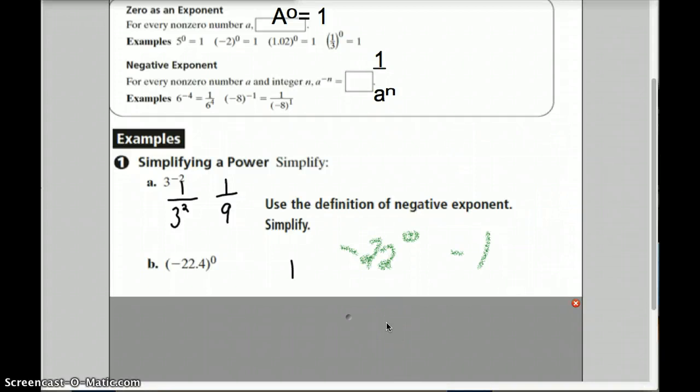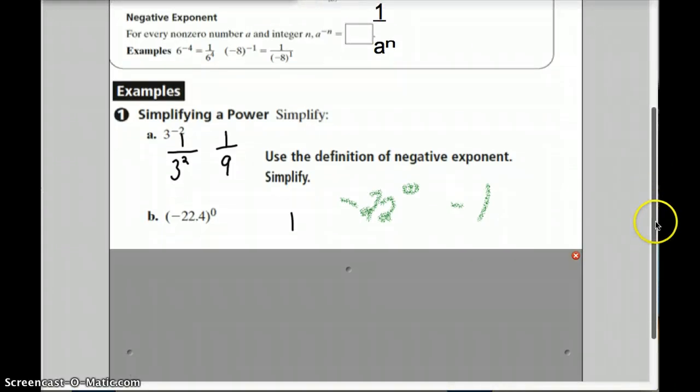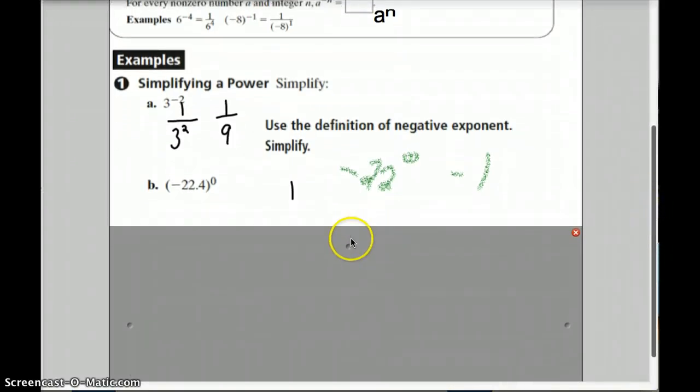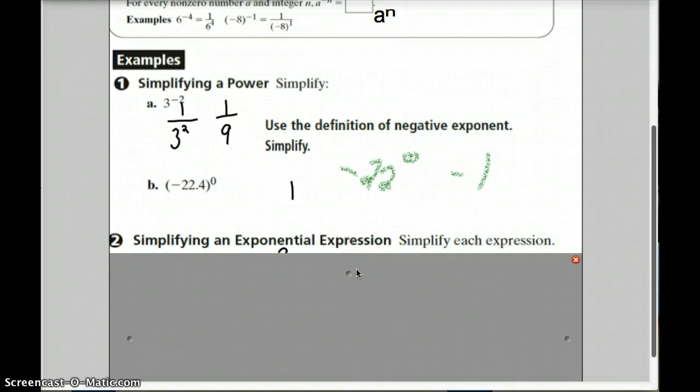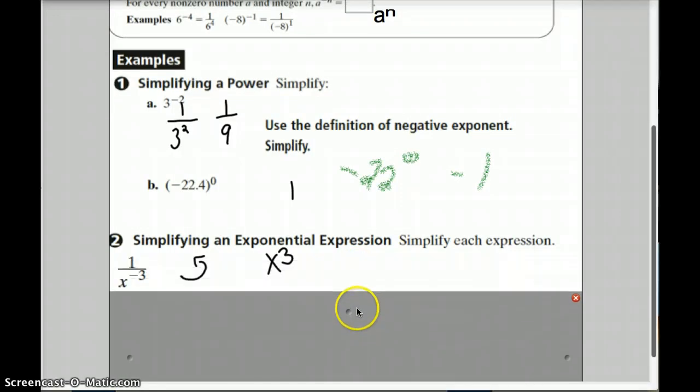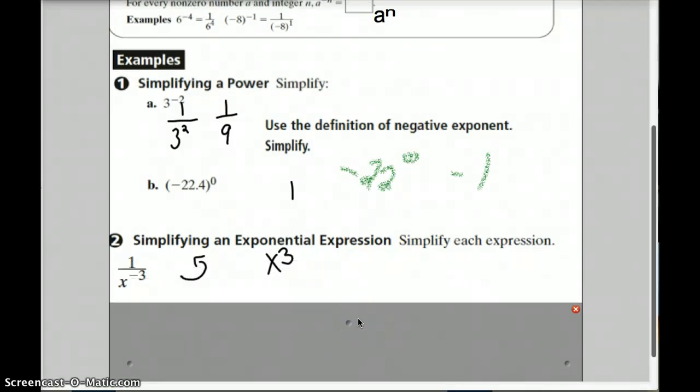All right, moving on to our next example. We want to simplify 1 over x to the negative 3.